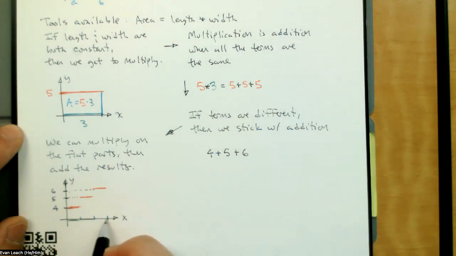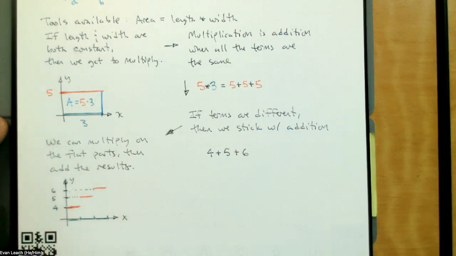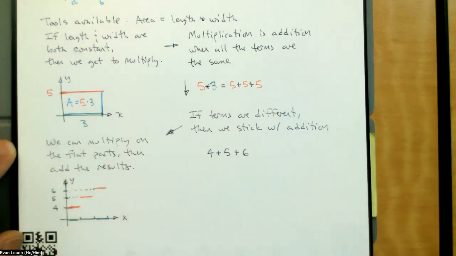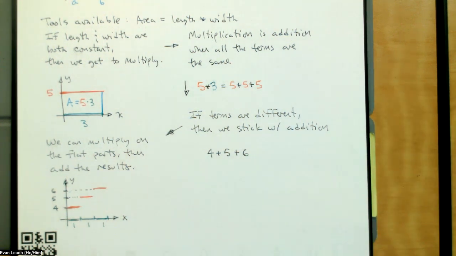Let's just put ones down here. I just make this 3 rectangles. So I've got a 4. Each of these is going to be a 1. So instead of having 3 5s like I had before, I've got 1 4, 1 5, and 1 6.